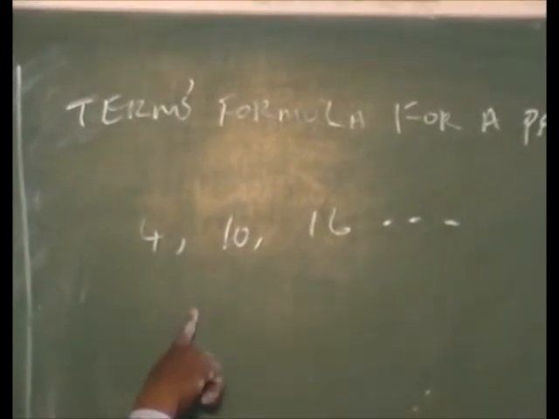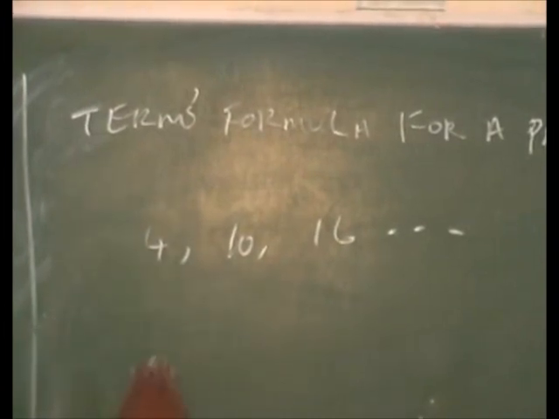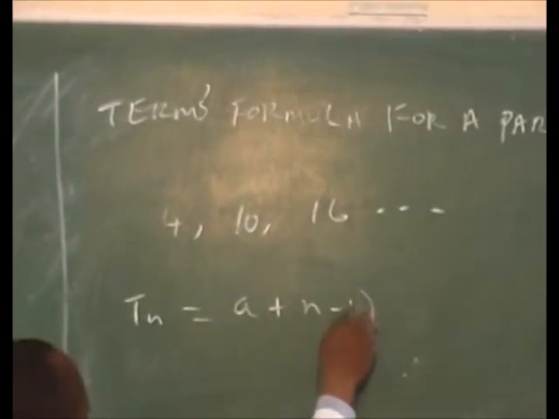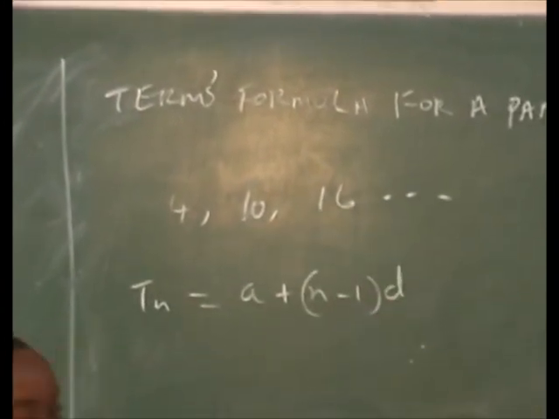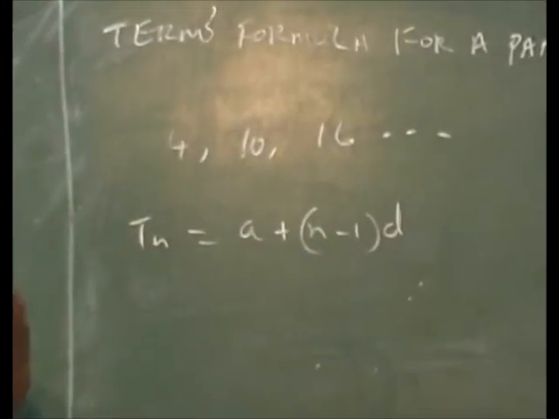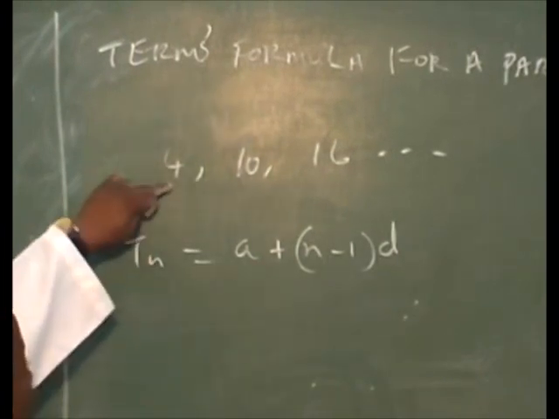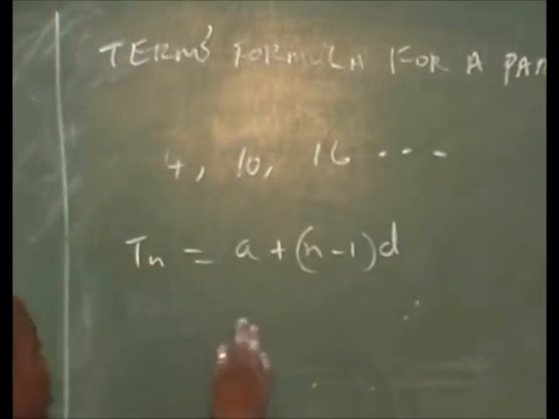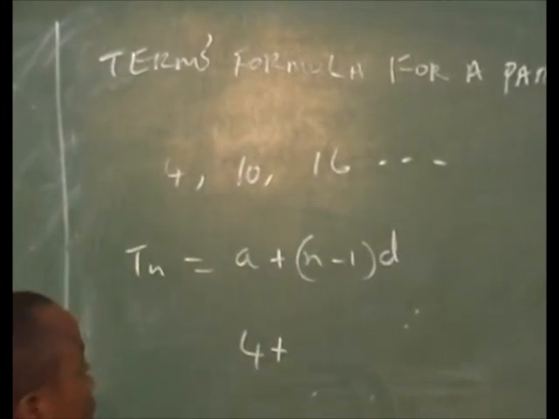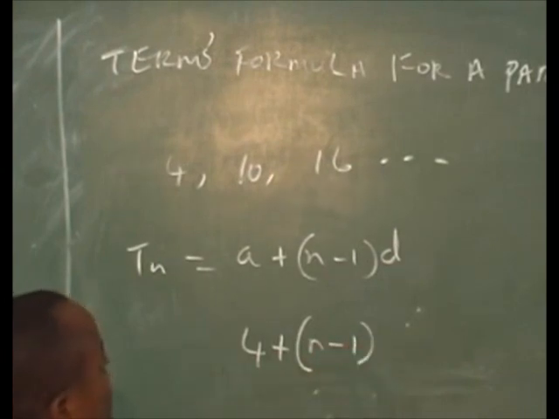Now, we can do this by recalling our general AP formula, that is Tn is equal to A plus n minus 1 times d. We can use this to develop the formula for this sequence. You know that the first one is 4, so what we'll do is we have 4 plus n minus 1, then d.